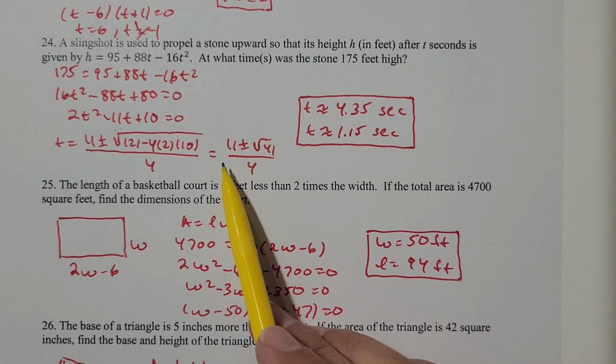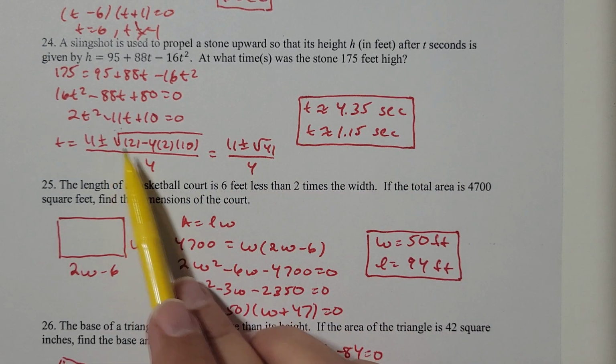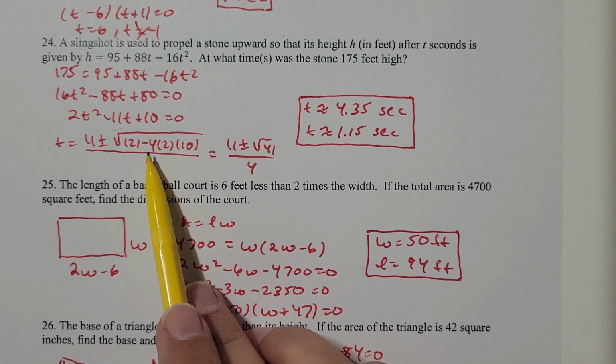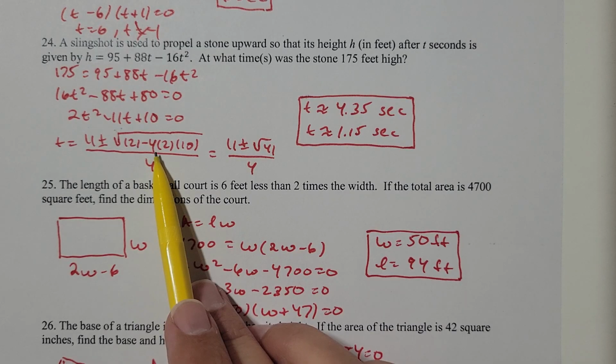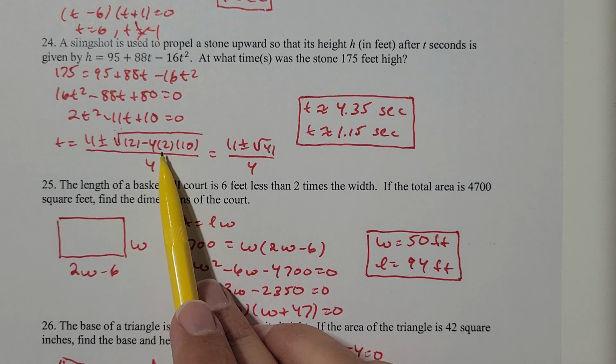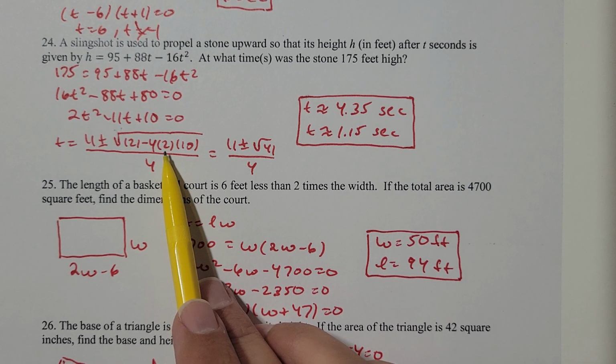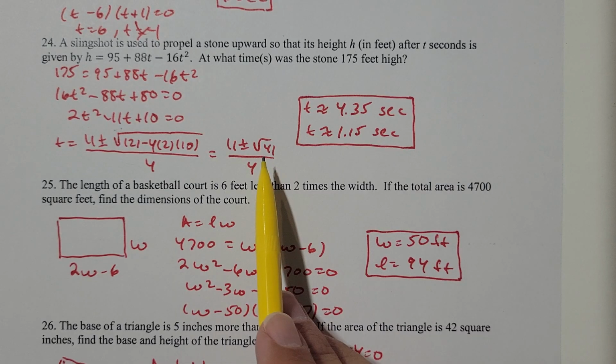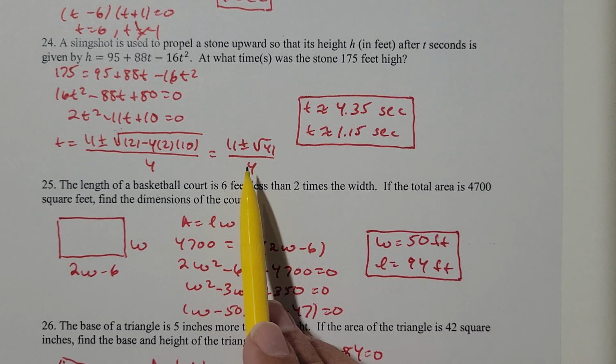So from that I got 11, plus or minus the square root of 121 minus 4 times 2 is 8, times 10 is 80. So 121 minus 80, that'd be 41. And this is all over 4.